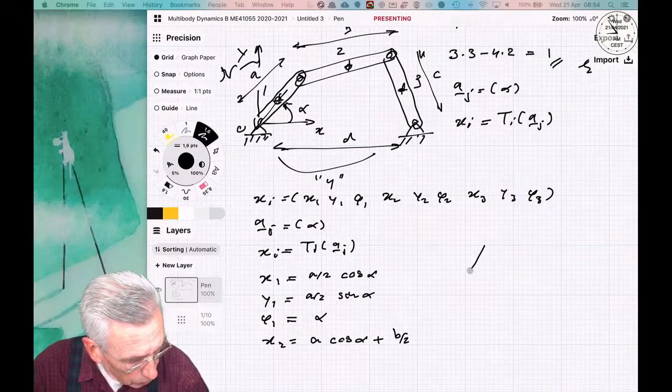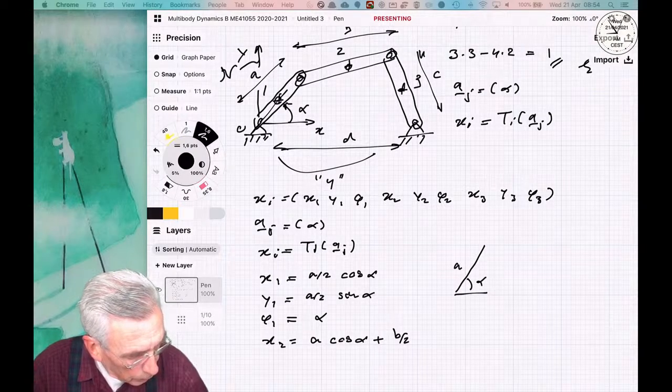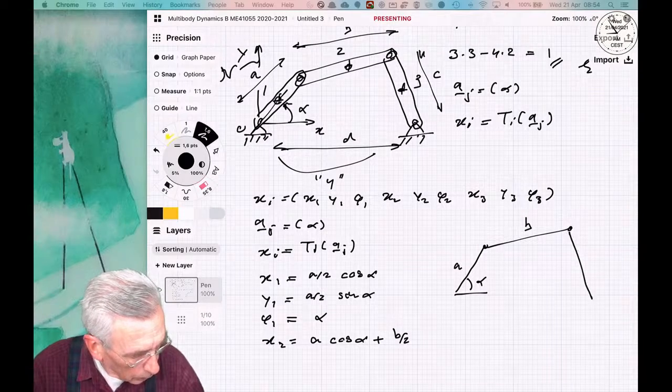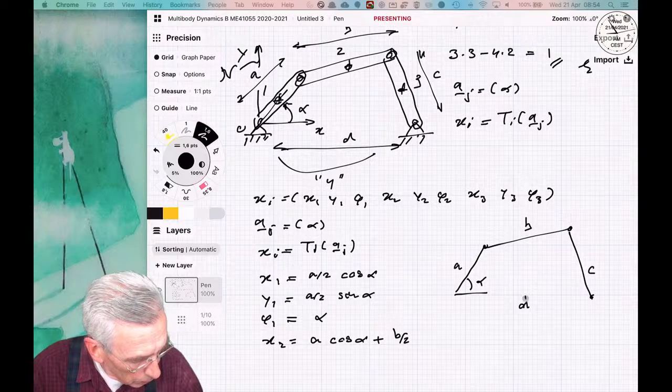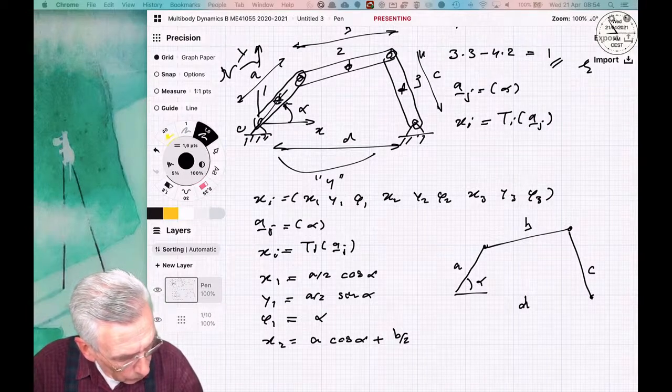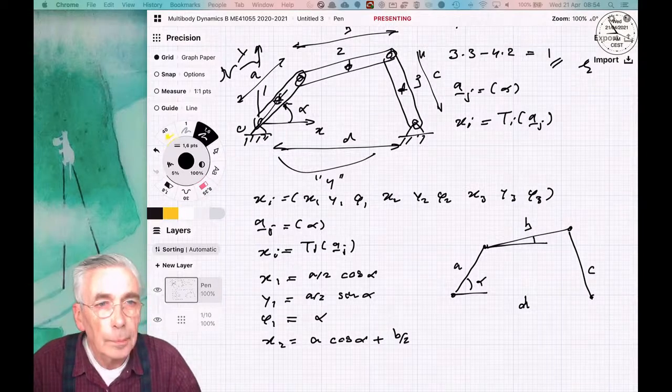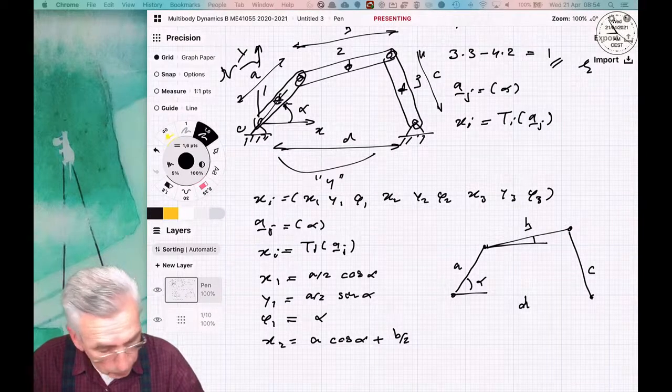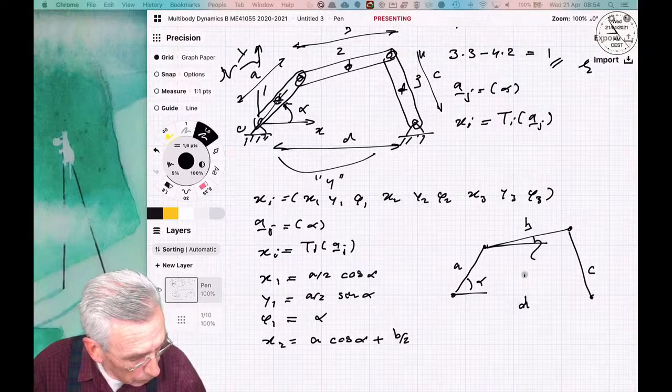So I draw this line A at an angle alpha, and then the other line B, and then the other line C. And this was the distance D, right? And now what I need to know is this angle. Well, let's call it beta.